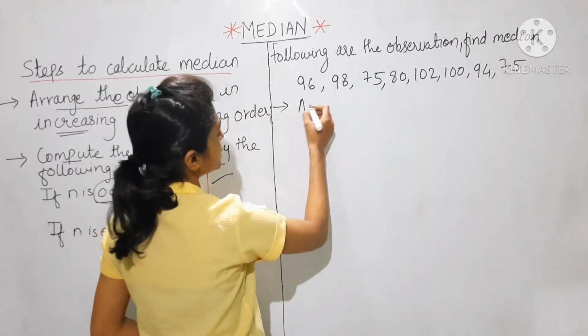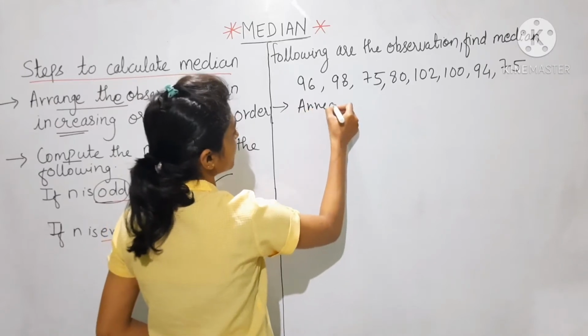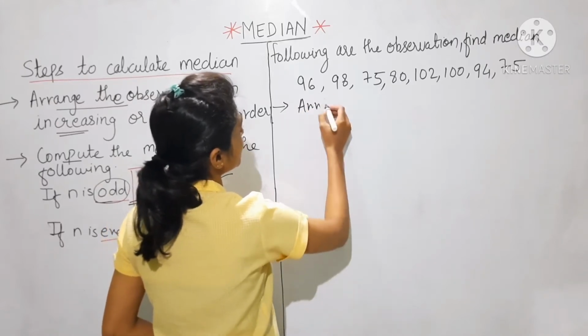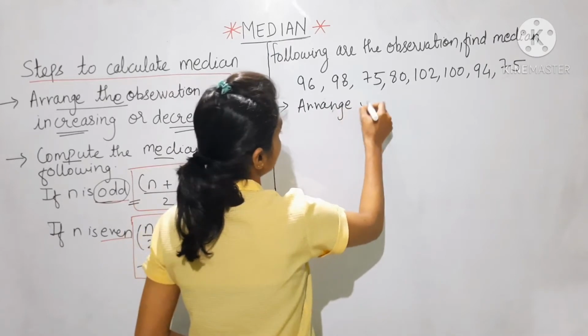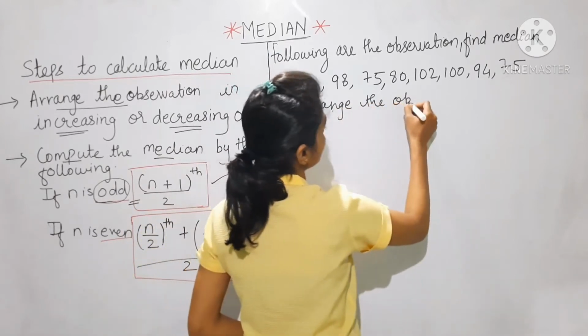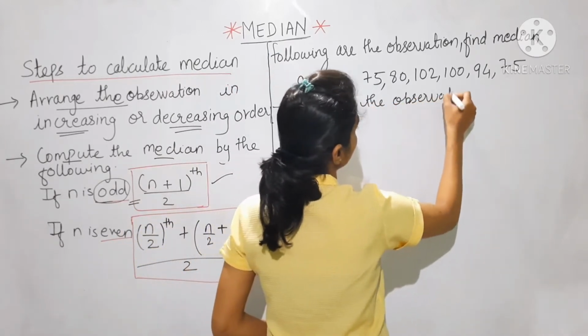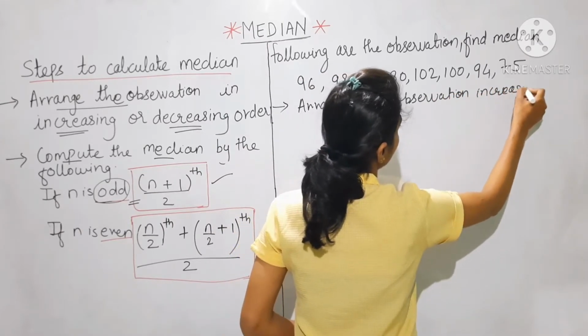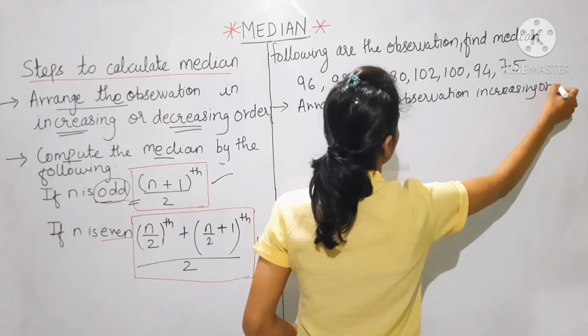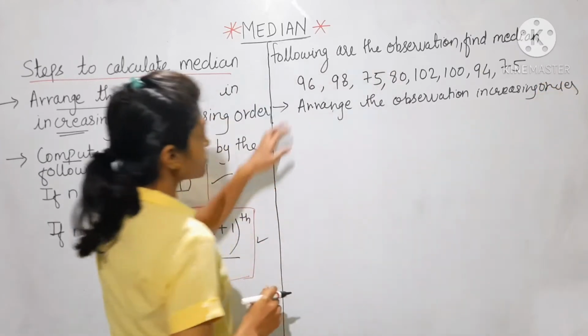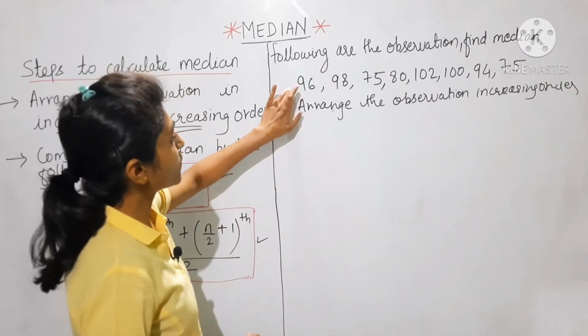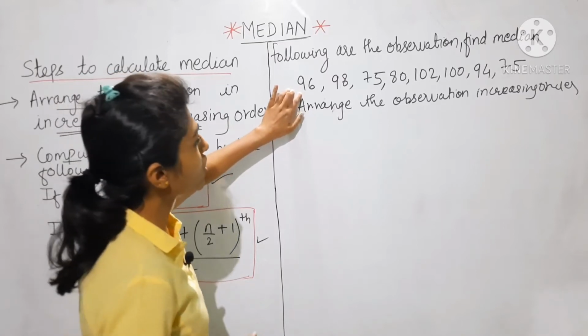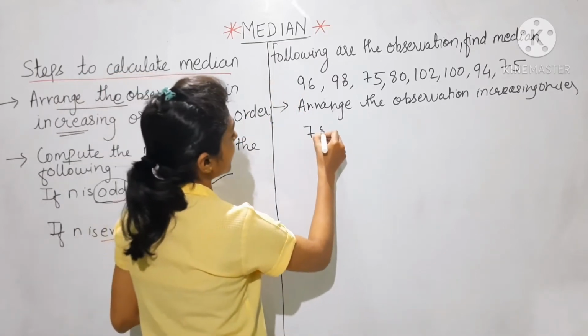So now solution: this is the observation and we have to find the median. First step, I will arrange the observation in increasing order. So observe this observation and which is the smallest number? 75.